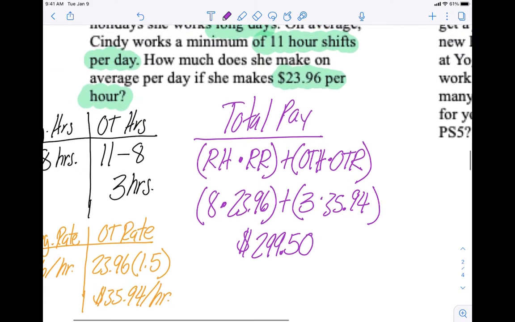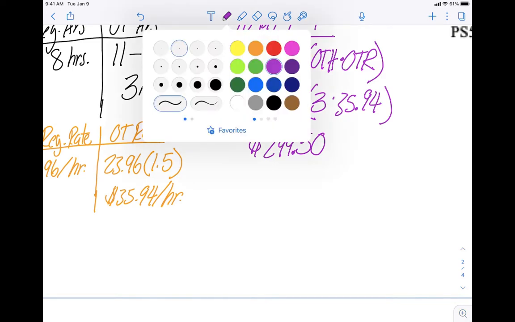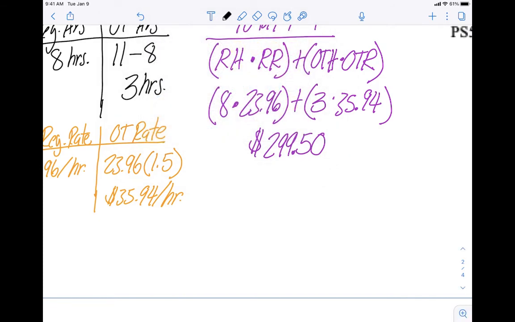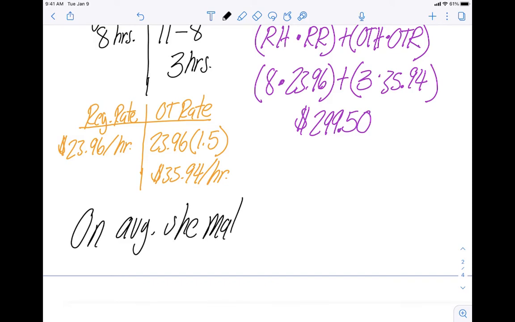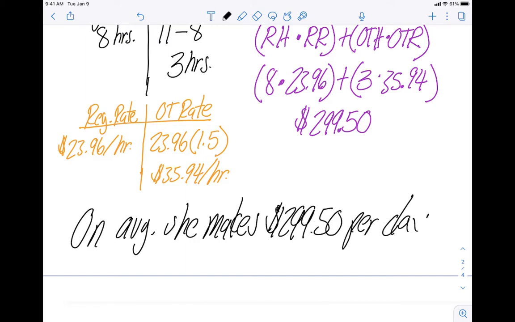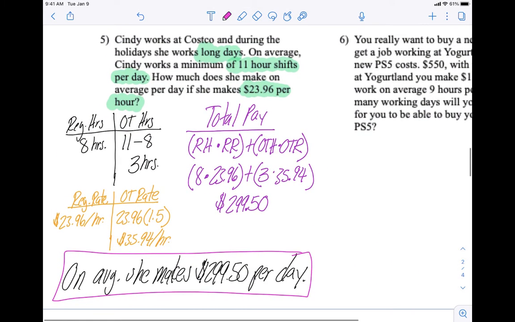So what is our solution? How much does she make on average per day? Okay. So we're going to say on average, she makes $299.50 per day. Look at that. That is our solution for number 5.